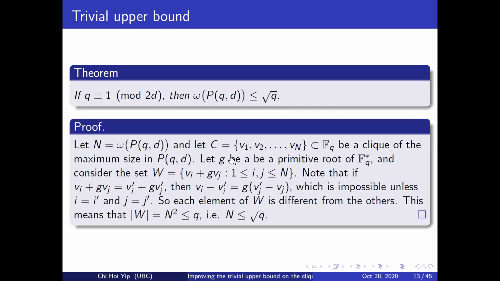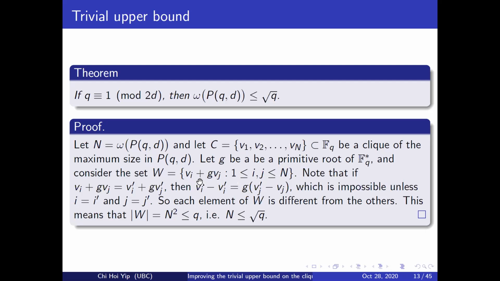We also take g to be a primitive root of F_q star. And we consider this set W, which is v_i plus g v_j, where i and j are between 1 and n. Our goal is to show that all these elements are pairwise distinct.